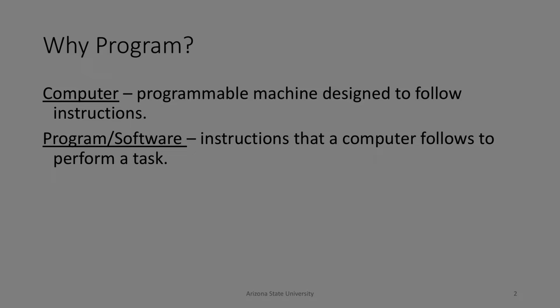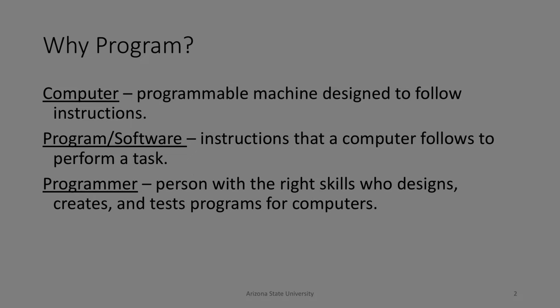So a program or software for that matter is just instructions written by someone that the computer just follows to perform some task. So we write a program, then we convert it in some way that the computer can understand, because the computer's dumb. It doesn't understand English or any spoken language. Once we convert it over to this format that the computer can easily understand, then we can just feed it to the computer and it just completes the task and then gives us a result if we want a result.